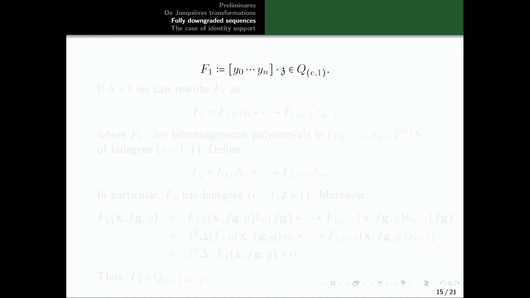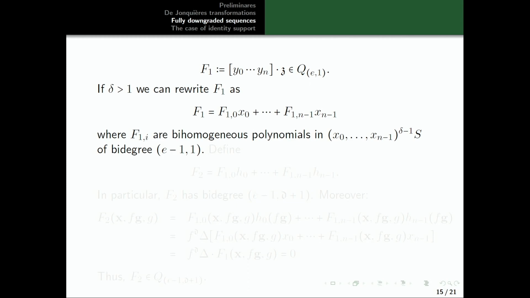Then we consider this form. In particular, this is a form in the presentation ideal of the Rees algebra of the ideal I.